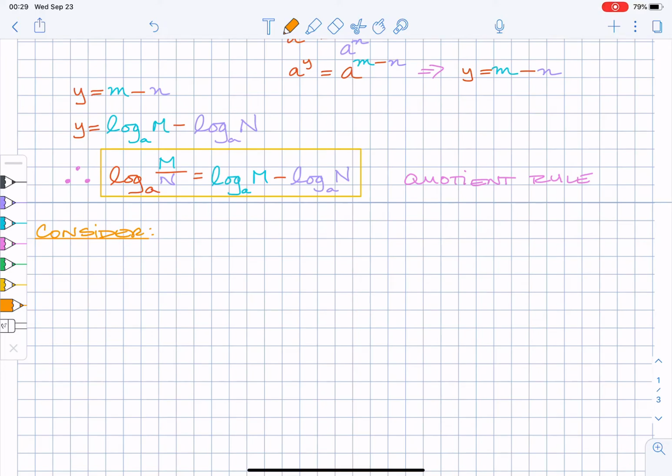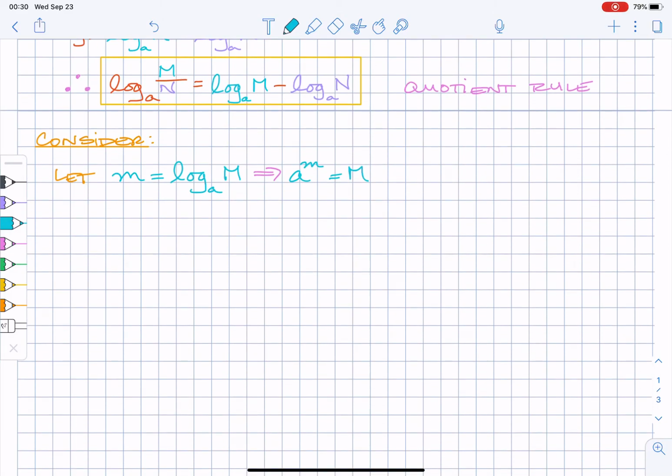Let little m be equal to log base A of capital M, which we know is equivalent to saying base A raised to the answer little m is equal to capital M.